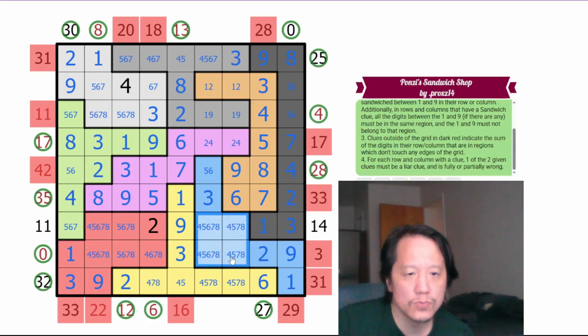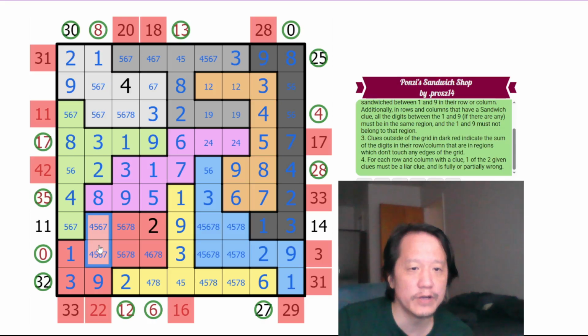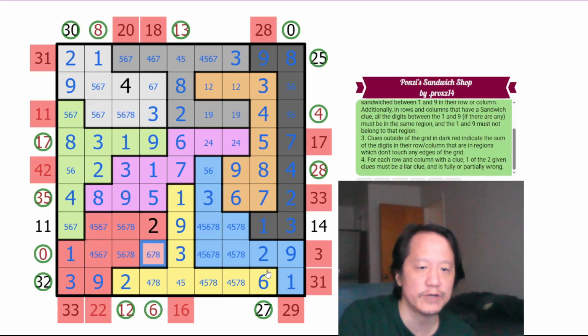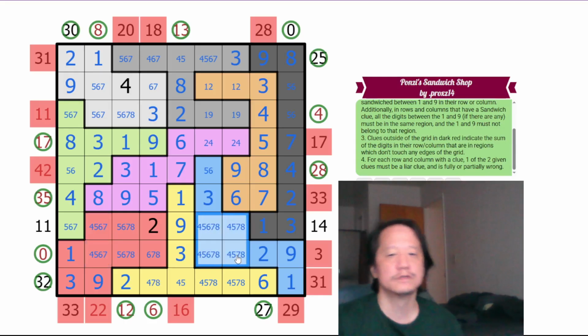Hmm. 8 cannot be here because of 8 in the column. 4 in the red region, or in column 2, has to be here. So that eliminates 4 from the rest of the red region. 4 also we know has to be here. So does 8.